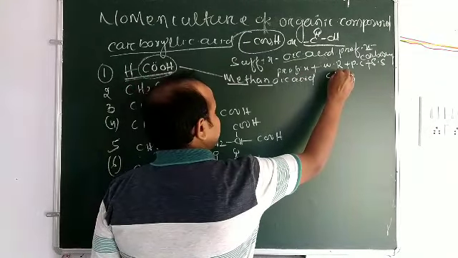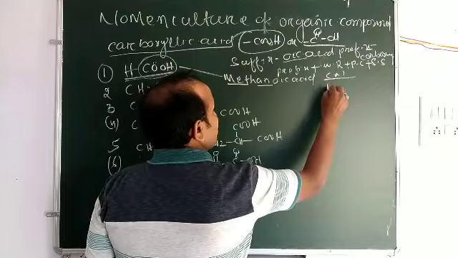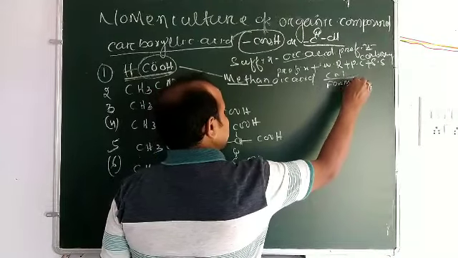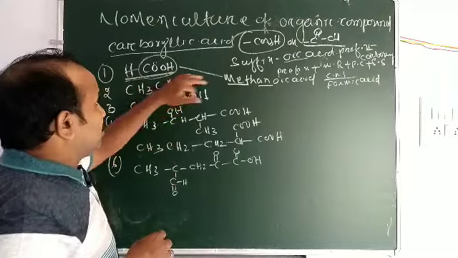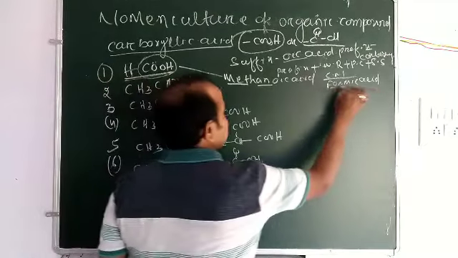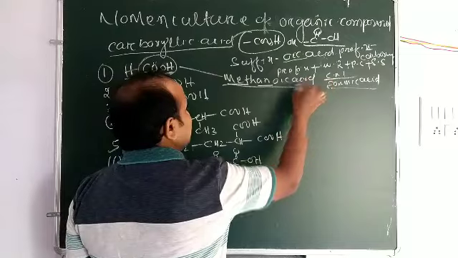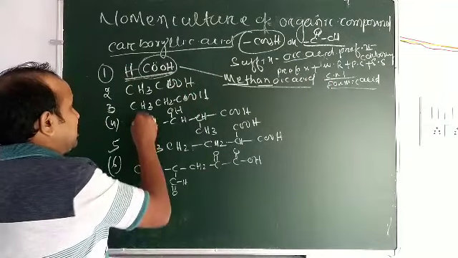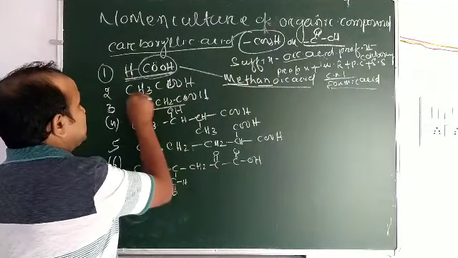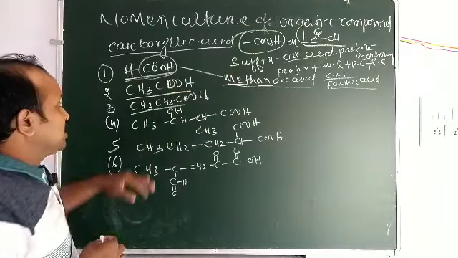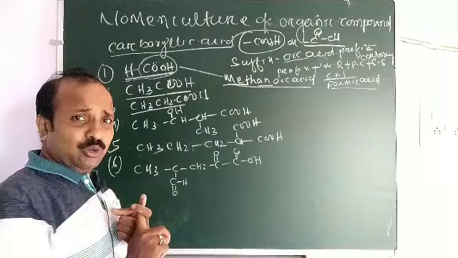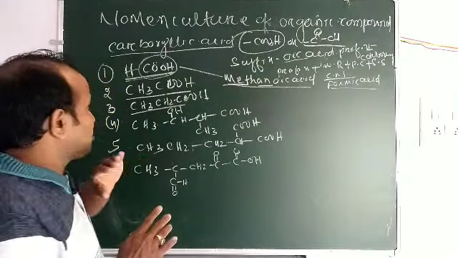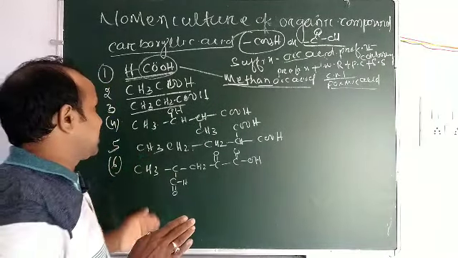Common name: formic acid. This is methanoic acid. Like that, here is the second organic compound. Here also the only functional group is carboxylic acid. There is no substituent group, no branch.